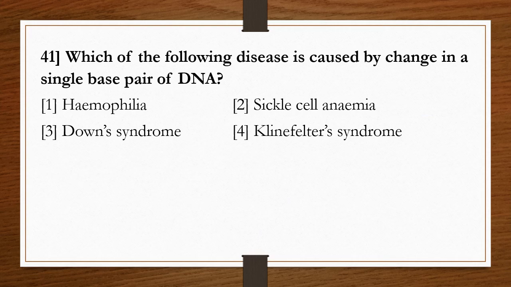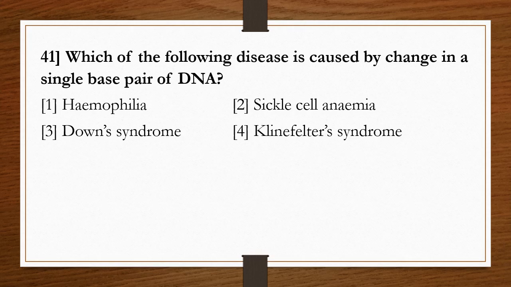Question number 41. Which of the following diseases is caused by a change in a single base pair of DNA? Options: 1, hemophilia; 2, sickle cell anemia; 3, Down syndrome; 4, Klinefelter syndrome.